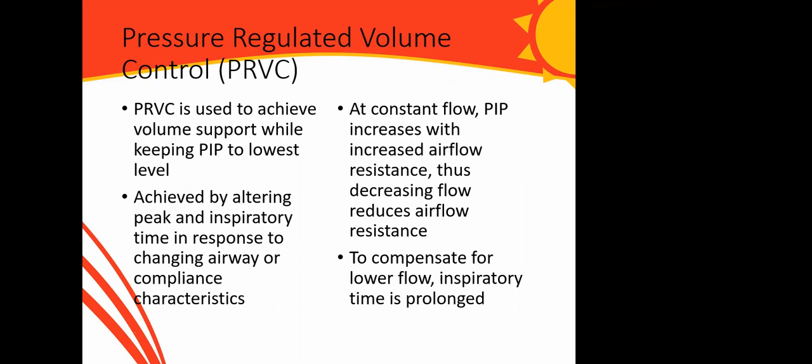At constant flow, your peak inspiratory pressure increases with increased airflow resistance, while there's a decreased pressure during reduction in airway resistance. To compensate for low flow, maybe due to increased airway resistance or poor lung compliance, the inspiratory time is prolonged. The patient takes a longer time during inspiration.